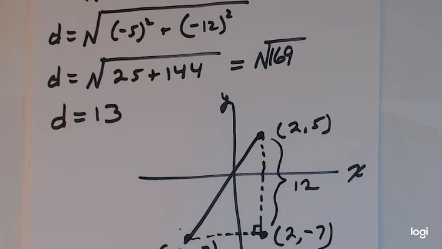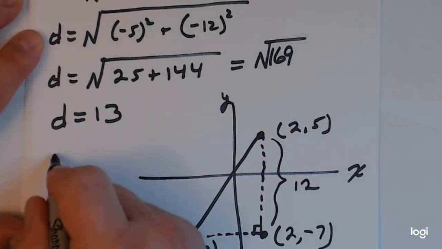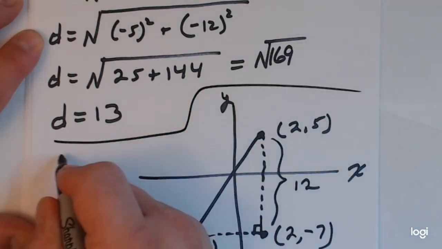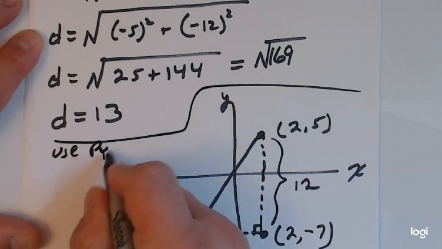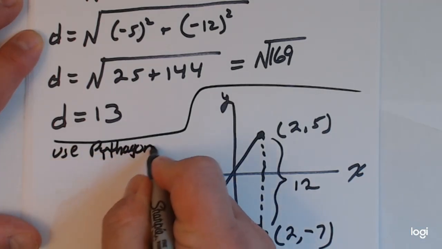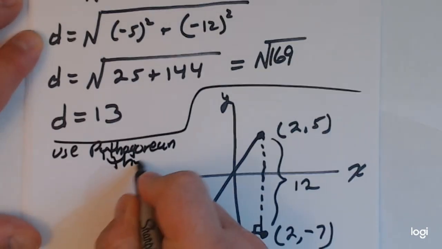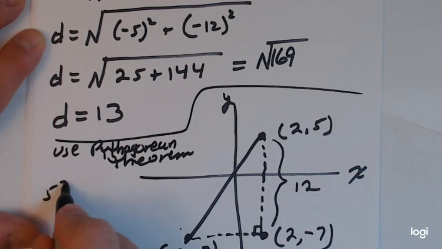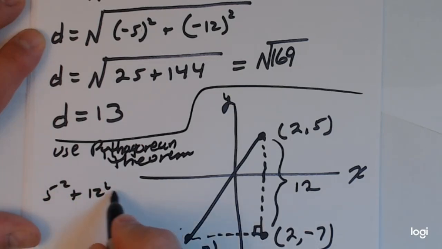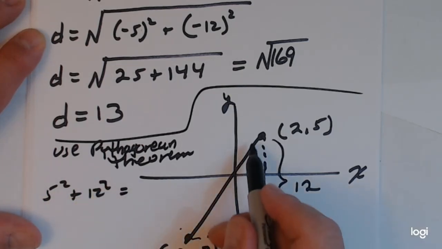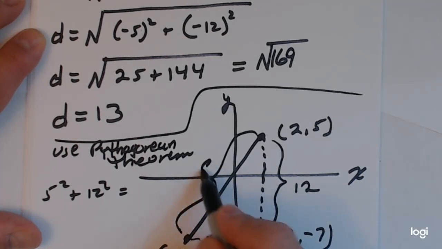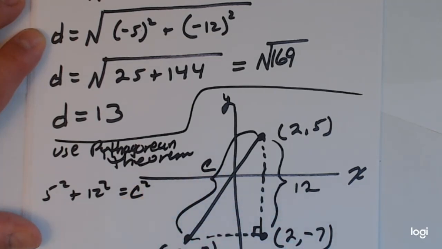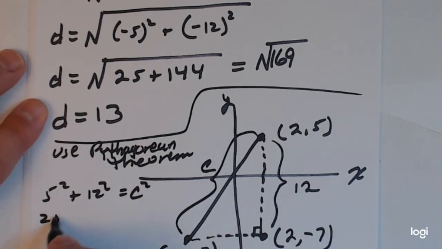So we can use the Pythagorean theorem and we could do 5 squared plus 12 squared equals, and we'll let this equal c squared. So 25 plus 144 equals c squared.